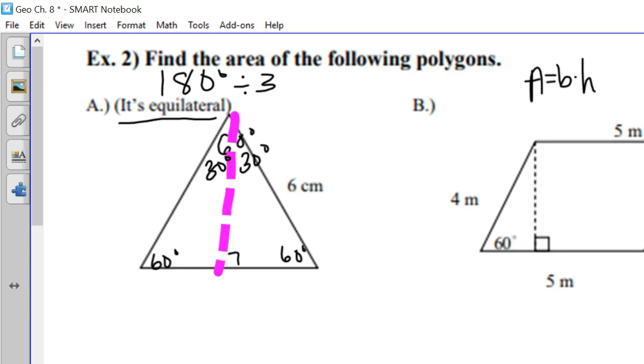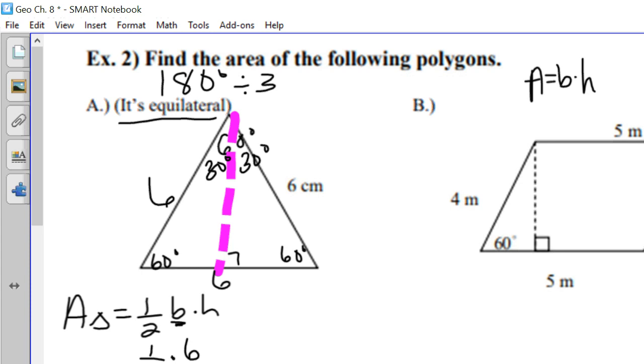So we want to find the area of a triangle, which is 1/2 the base times the height. Thankfully, it's equilateral. So the base is going to be 6.